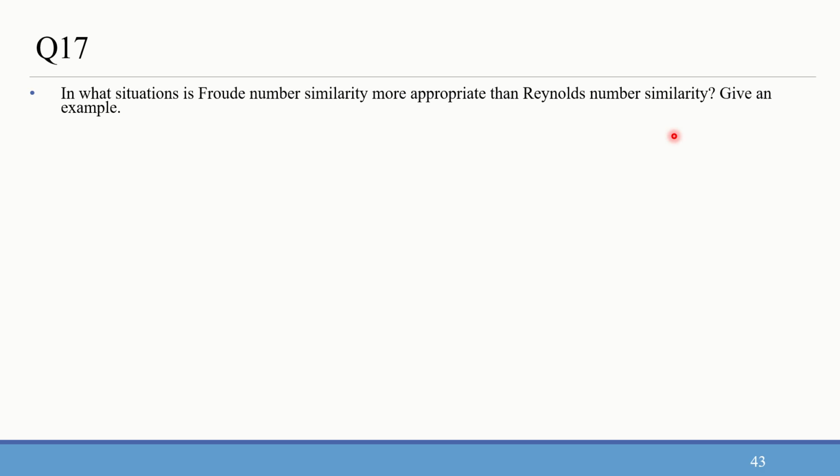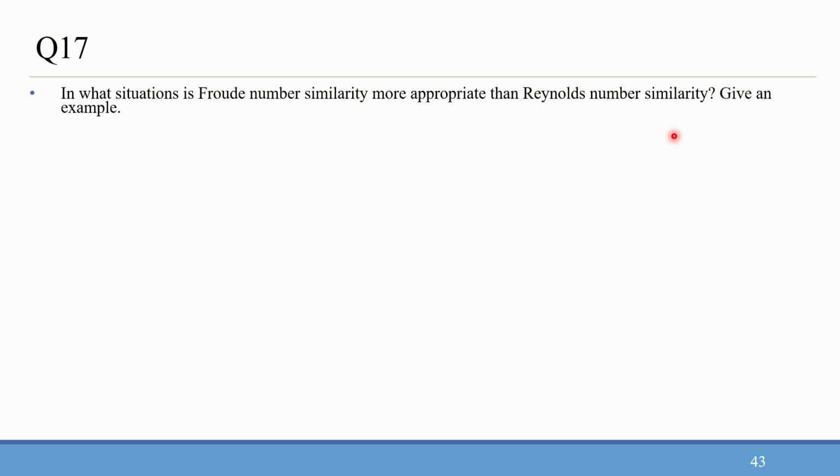Mach number is the ratio of velocity in the air to the velocity of sound in the medium, so it defines compressibility. But coming to our particular question, it is comparing Froude number similarity and Reynolds number similarity. So when will it be more appropriate to go with Froude number similarity?